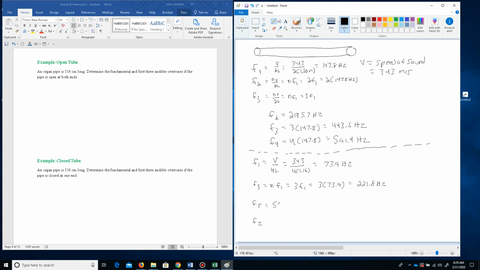And then 5 times the frequency of 1, which is 5 times 73.9, which is 369.6 hertz. And the last one, 7 times the frequency of 1, which is 7 times 73.9, which comes out to be 517.5 hertz.